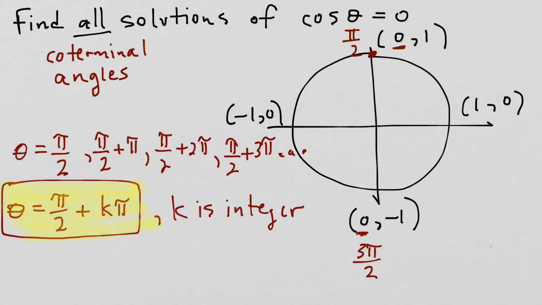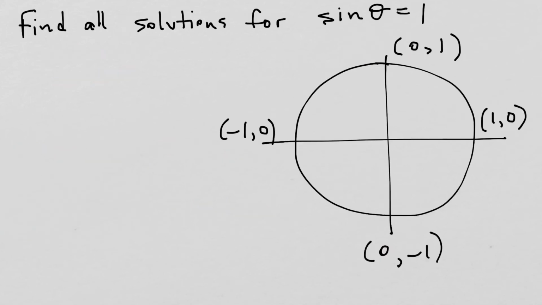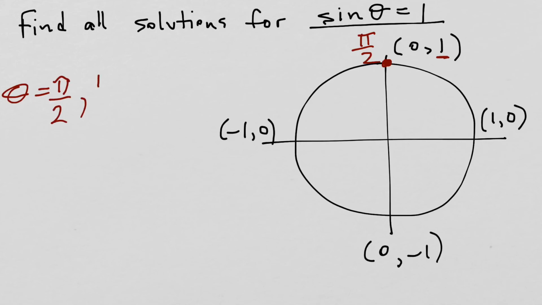Let's try another one. So in this one, we're trying to find all solutions for sine of theta is equal to 1. So sine of theta is equal to 1 right here. So we've got one place here, the base angle of pi over 2. So I'll have theta is equal to pi over 2. But I've got to go all the way around by 2 pi to hit that again. Right?